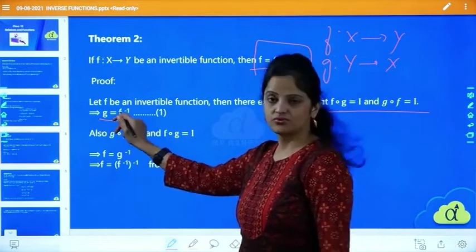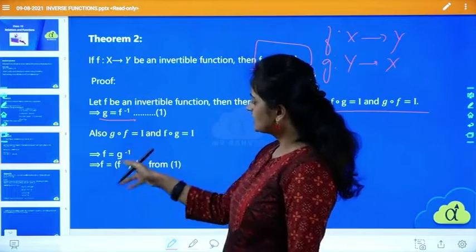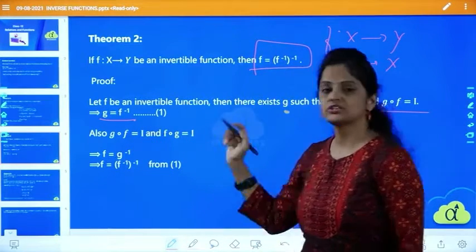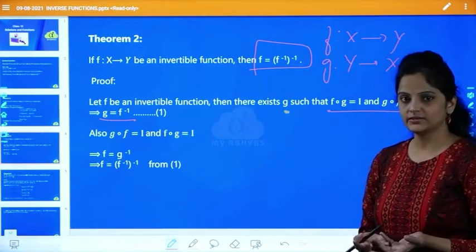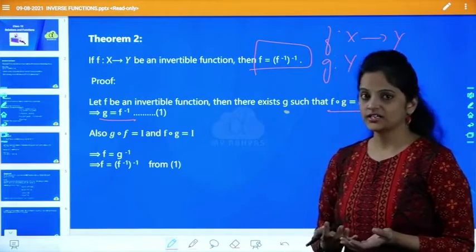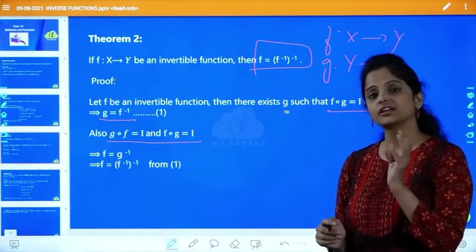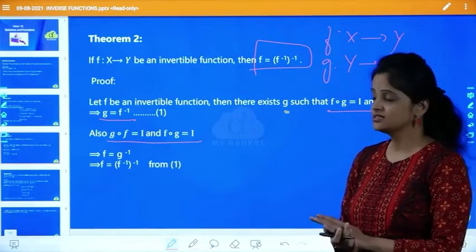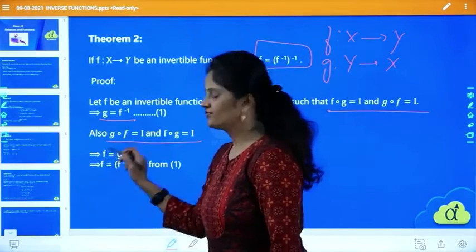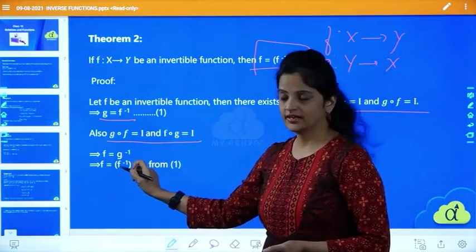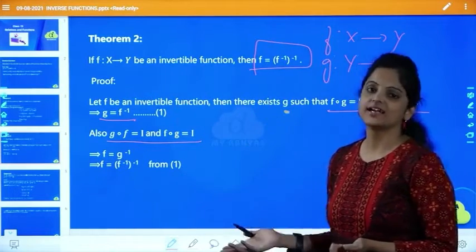So that is the inverse of F. And if you take the other way also, G composition F and F composition G both are giving you the identity function, which means I can write F is equal to G inverse. F is the inverse of G.